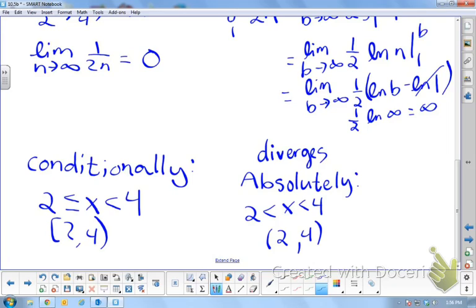So we just have to make sure we remember the difference between conditionally and absolutely. Conditionally means it converges when that negative piece is there, but not if you change that negative piece to a positive. Absolutely means it'll converge whether you have a negative piece or a positive piece there.